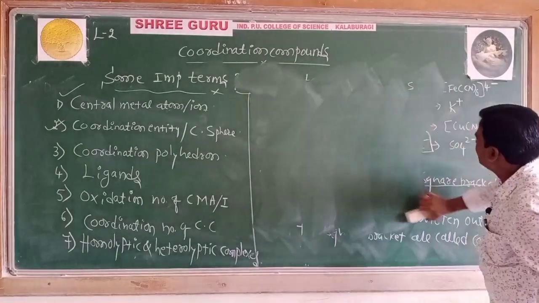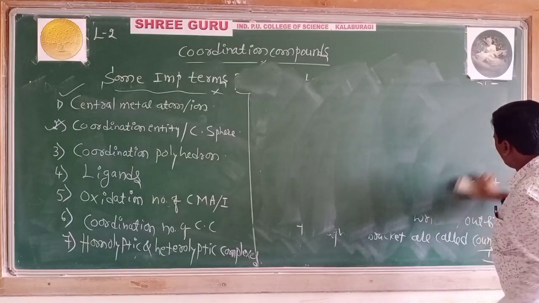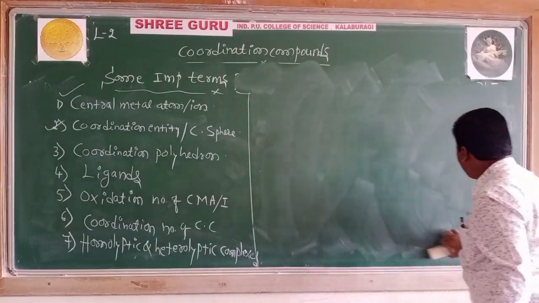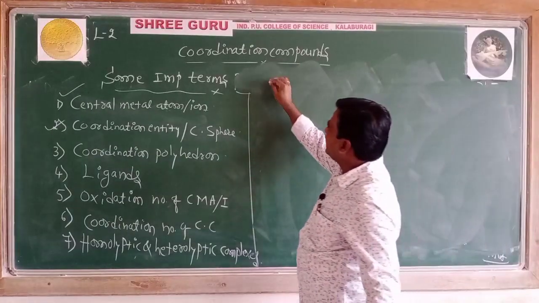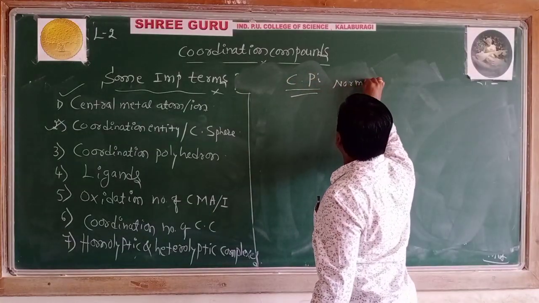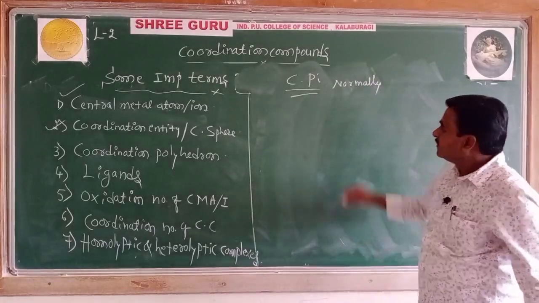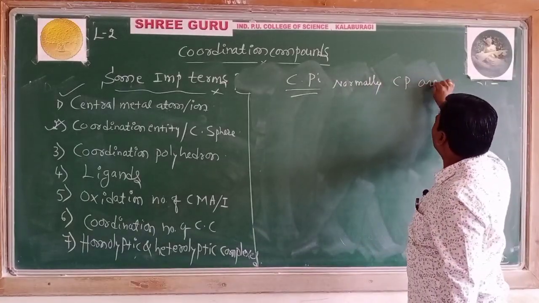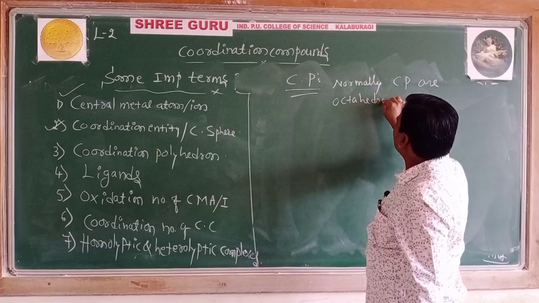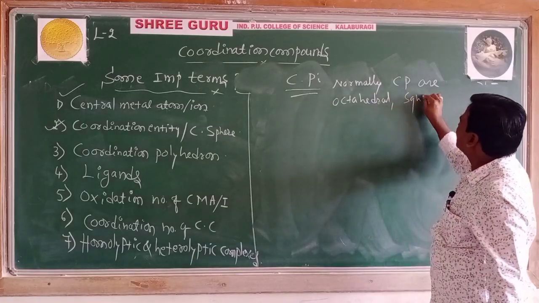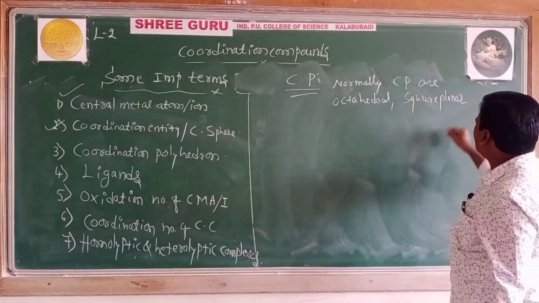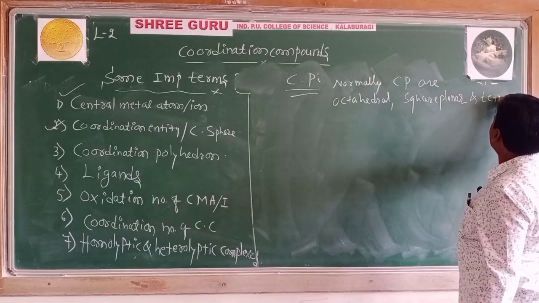Normally the coordination polyhedrons are octahedral, square planar and tetrahedral.